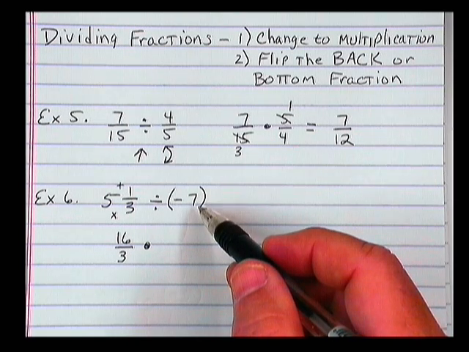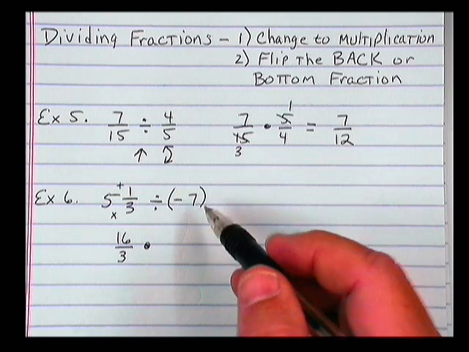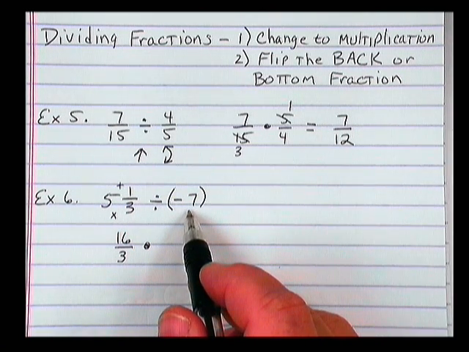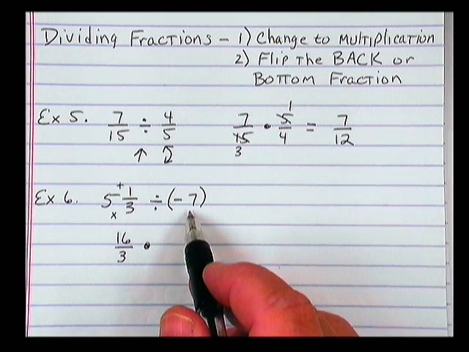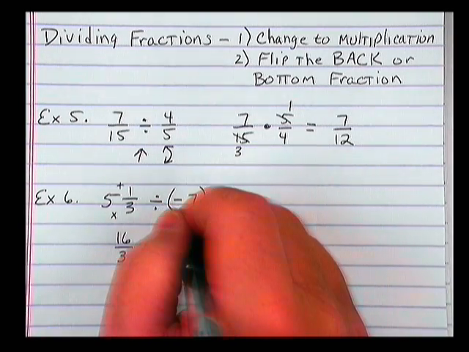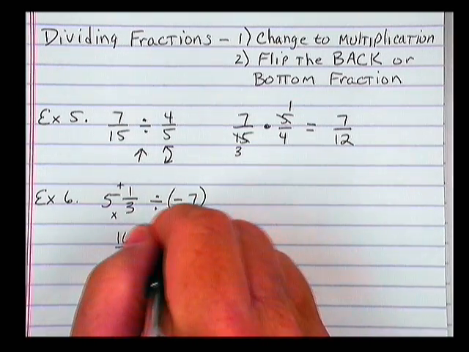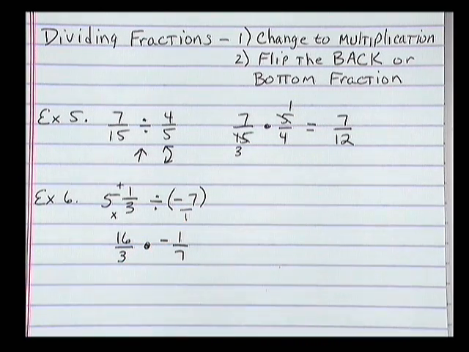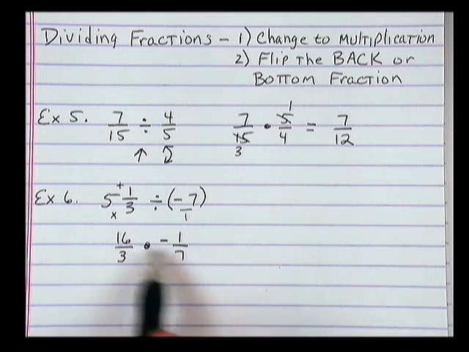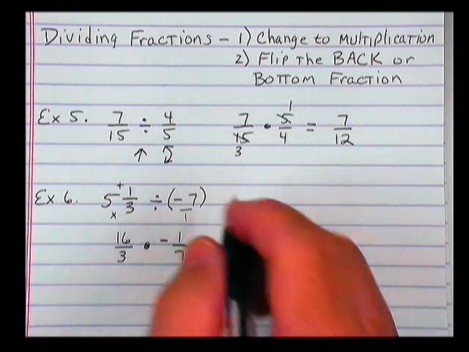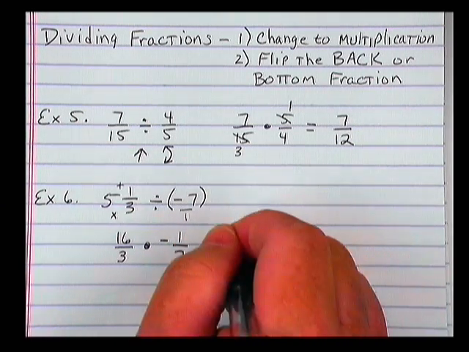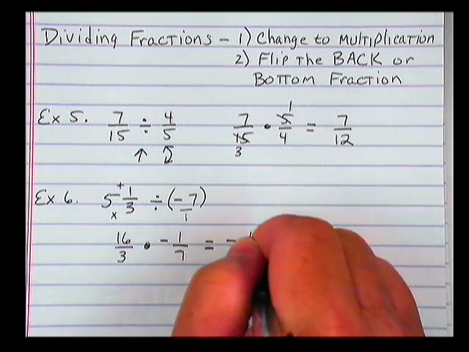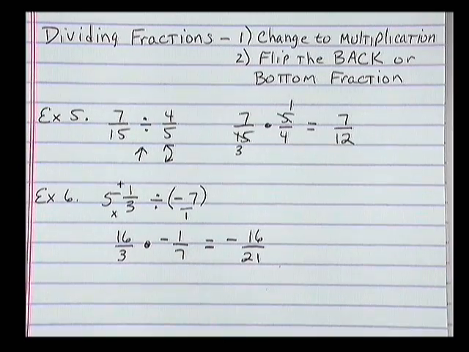Now the back number is an integer. However, to write this as a fraction, it would be over 1. So here I'm going to multiply by 1 over 7. Cannot cross reduce anything, so my answer is going to be negative 16 over 21.